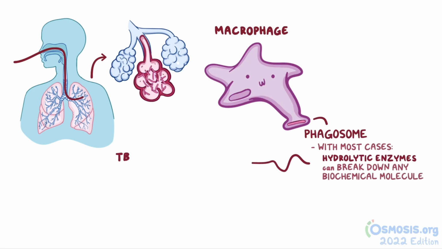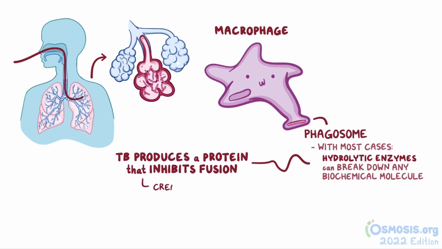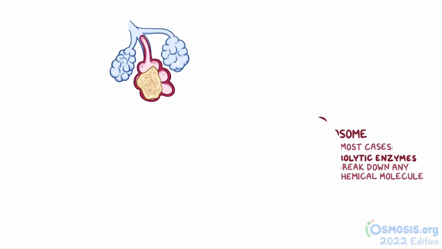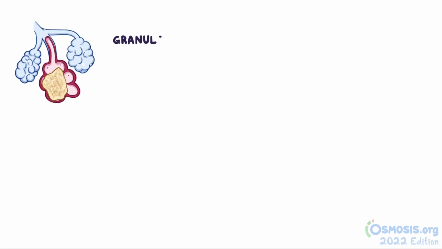TB is tricky though, and once inside the macrophage, they produce a protein that inhibits this fusion and allows the mycobacterium to survive. It doesn't just survive though, it proliferates and creates a localized infection. 3 weeks after initial infection, cell-mediated immunity kicks in, and immune cells surround the site of the TB infection, creating a granuloma.